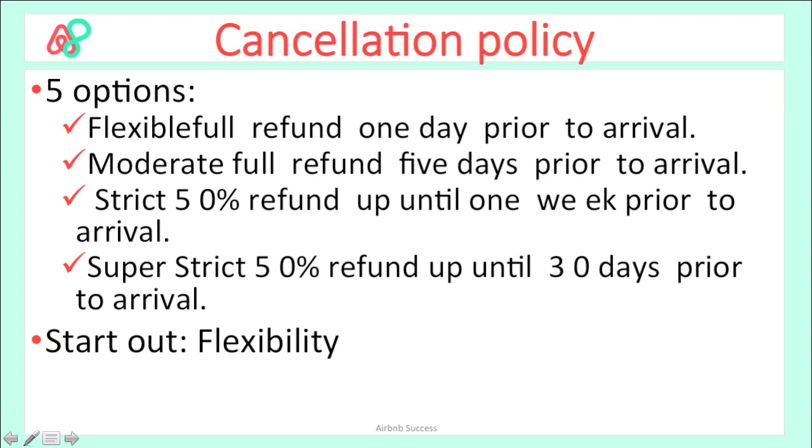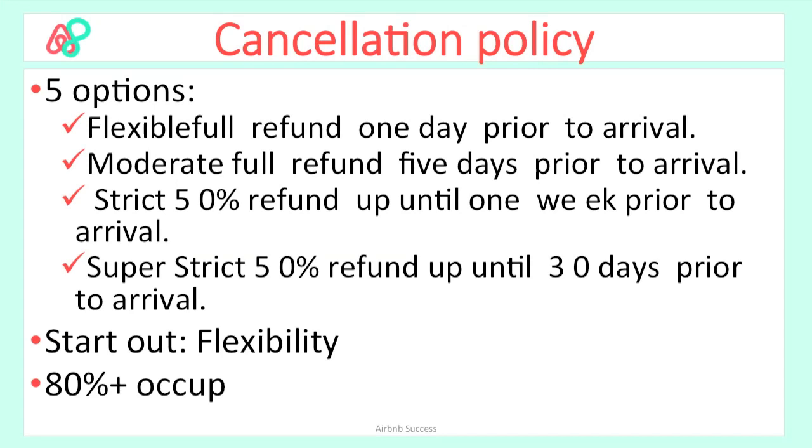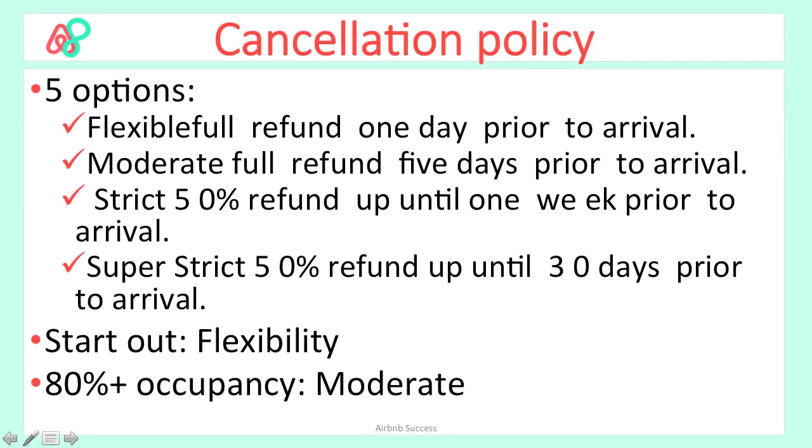When you reach approximately 80% occupancy, you can consider switching to moderate if you want. This means that you can afford to cancel a flaky customer simply because the level of demand is high enough for you.